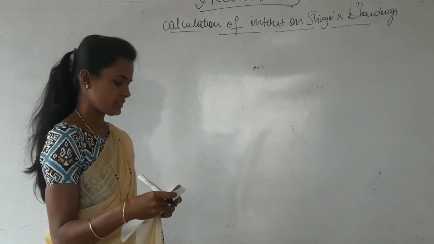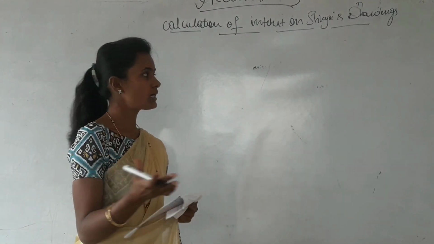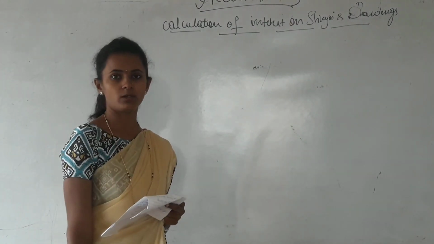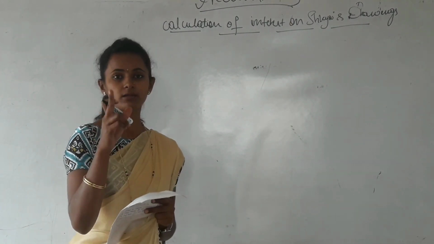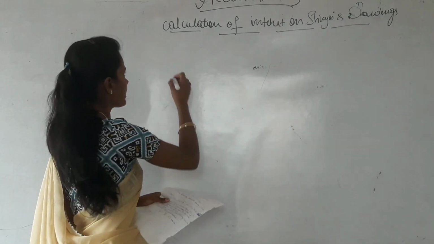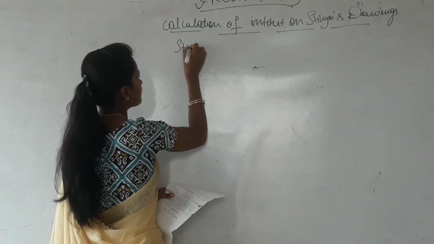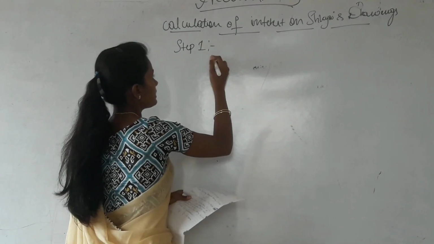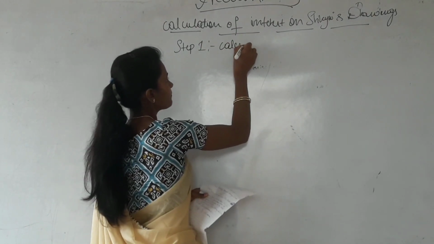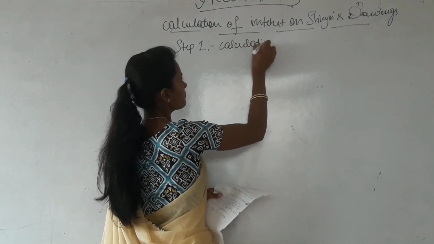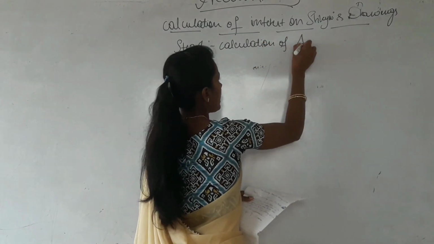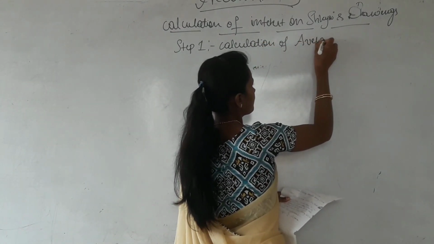Okay, again we have 3 steps under the average period method. In the first step we need to calculate the average period. So I am writing here step 1, calculation of average period.